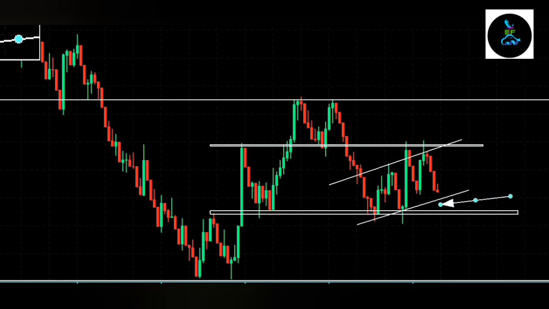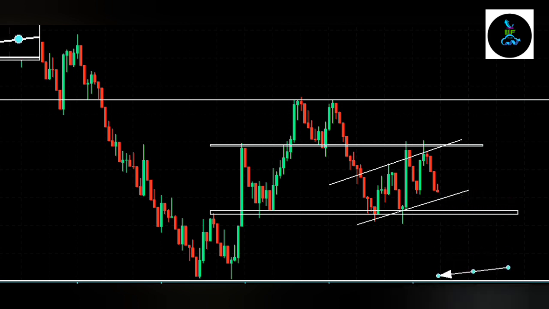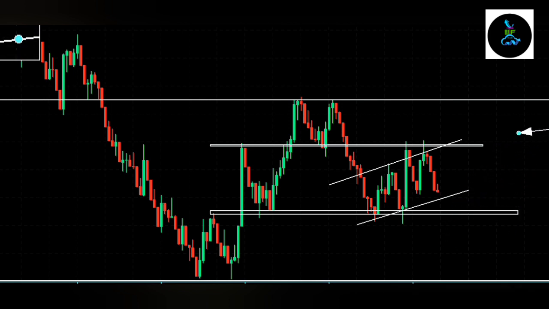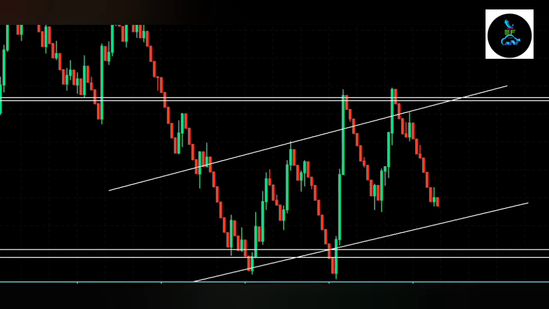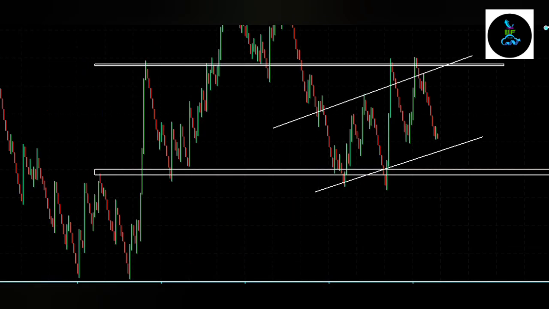In this 15-minute time frame, you can see how the market reacts to the analysis we made in M30. Here also we are still trying to look at the big picture that will confirm the market will go to a downtrend. If you look carefully, we have a head and shoulders in this 15-minute time frame.